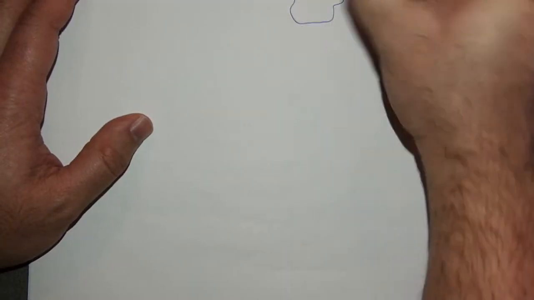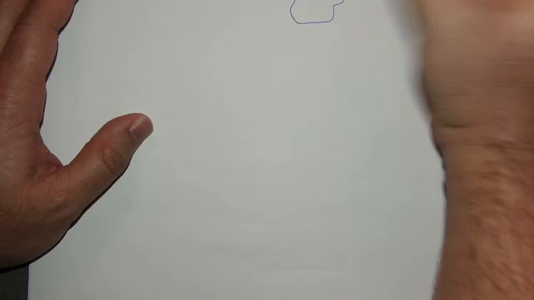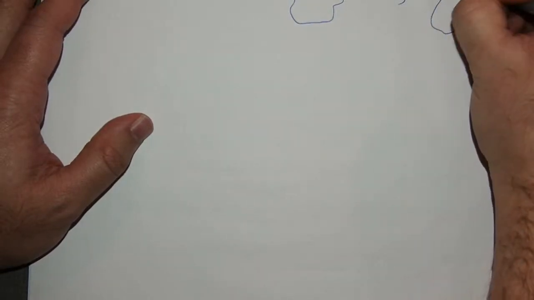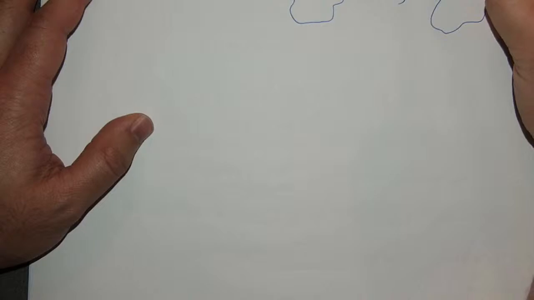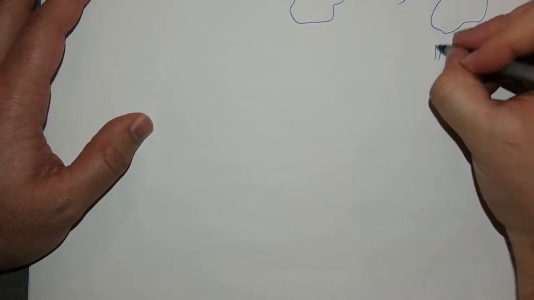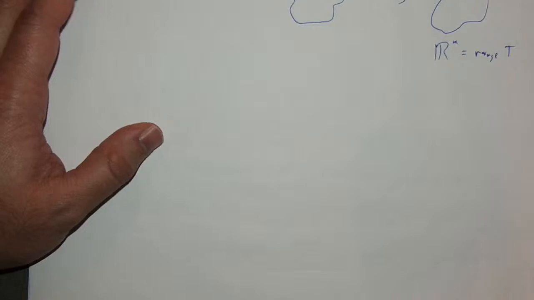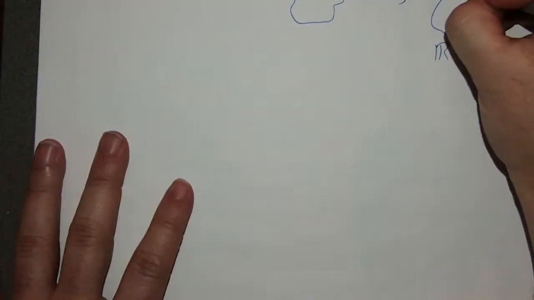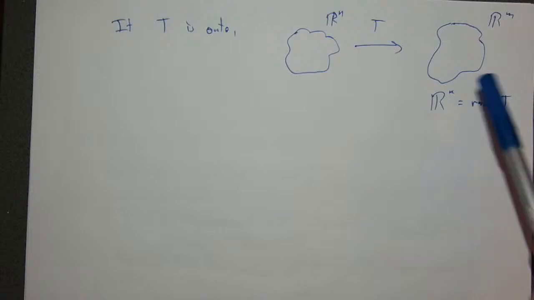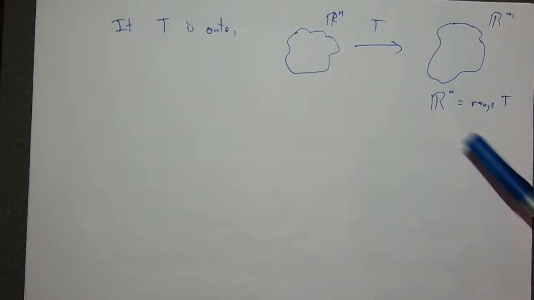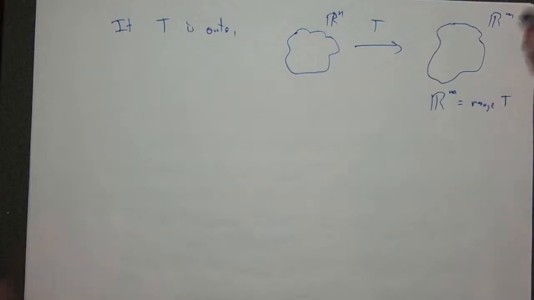The picture looks like this: you've got your R^n here, and here's your map T. Here is R^m, but R^m is actually equal to the range of T. So if I tried to draw in the range of T, it coincides exactly with R^m.